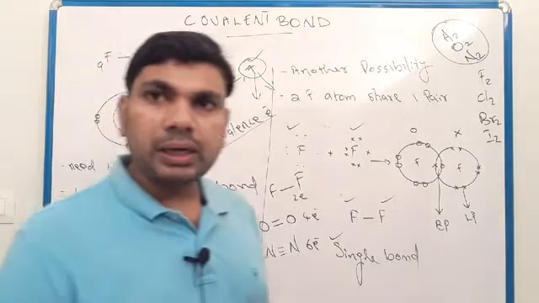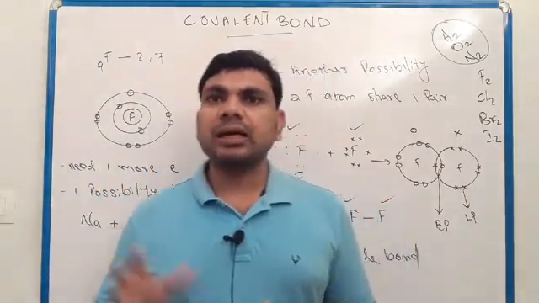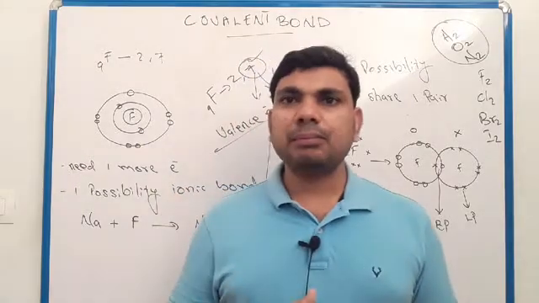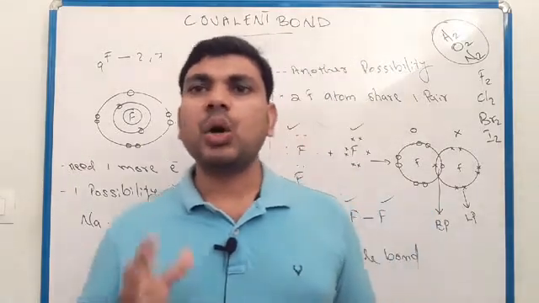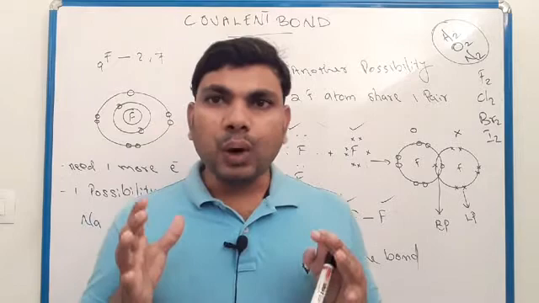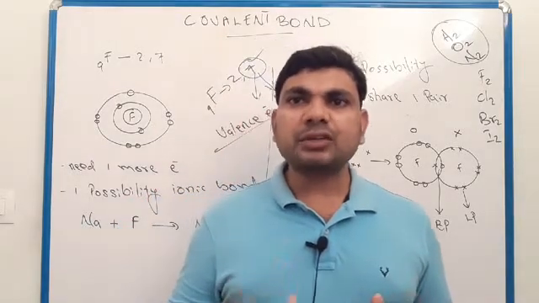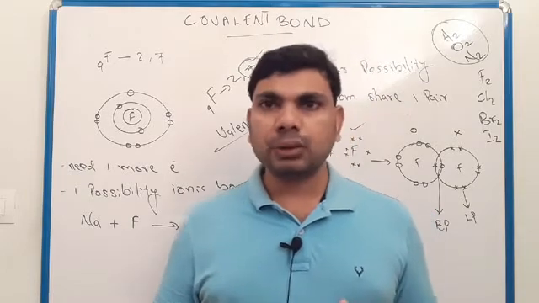Okay, so here we discussed fluorine. It is unstable because its outer shell has only 7 electrons. One possibility to get stability is that fluorine reacts with a metal to form an ionic bond.